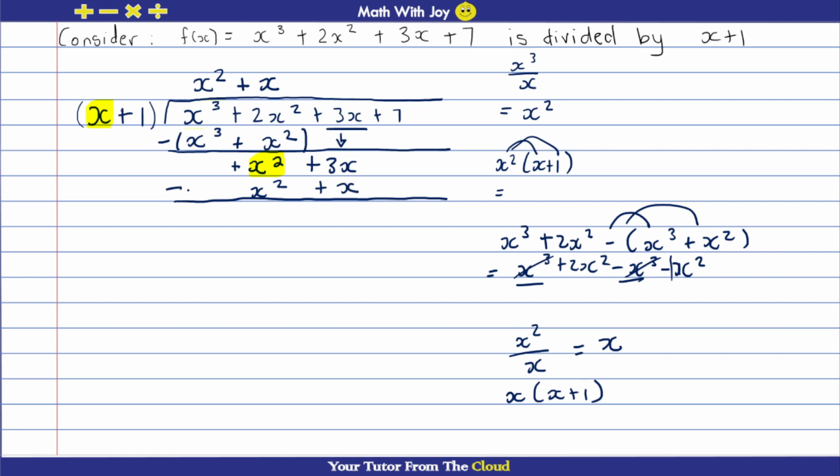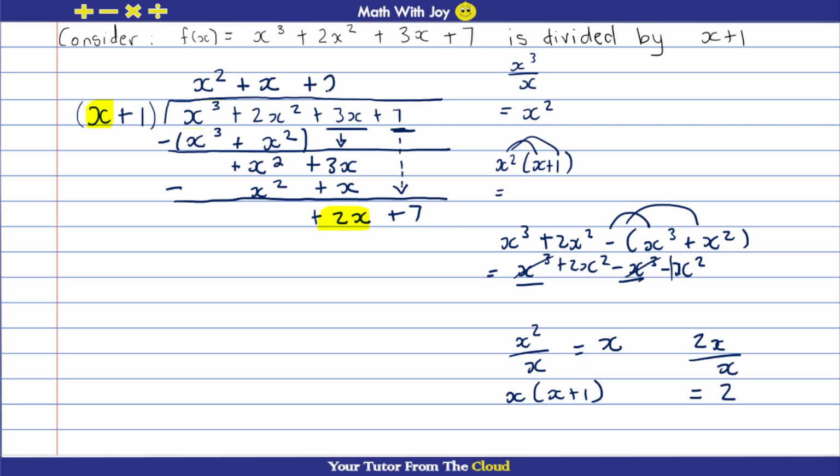Now, x squared minus x squared gives us 0. 3x minus x gives us positive 2x. We bring down the other term, the positive 7. And we repeat the step again. We take the first term and divide it with the first term over here again. Then we have 2x divided by x, and that gives us 2.